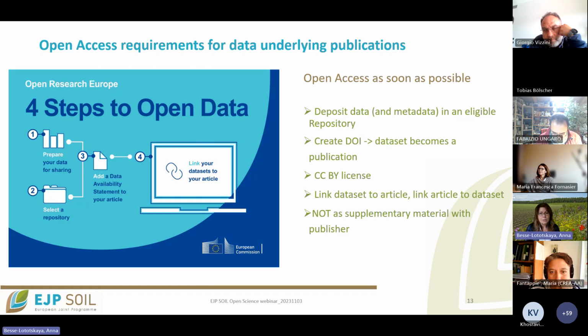But in that case, it's not eligible because it's not a sustainable way of storing data, because if the publisher goes bankrupt, then your article and the data will be lost. So this is why Horizon 2020 is asking for proper deposition of your article and the data to the repository.